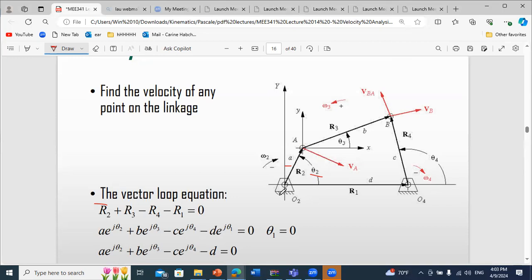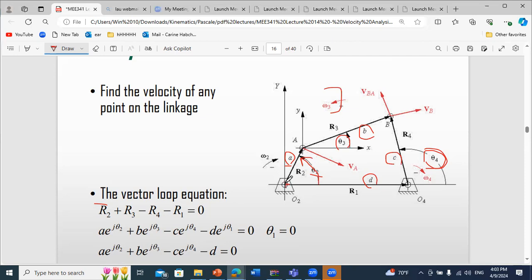We have vectors for links of constant magnitude, and we are given the lengths of our links A, B, C, and D. For the input link, for any given angle theta 2, we learned how to solve for theta 3 and theta 4. We will learn now how to solve for omega 3 and omega 4. To start, we want to write the loop equation.